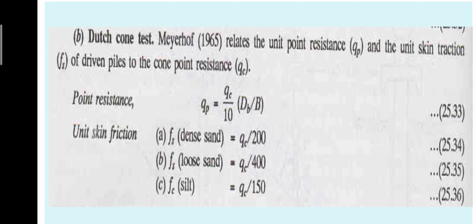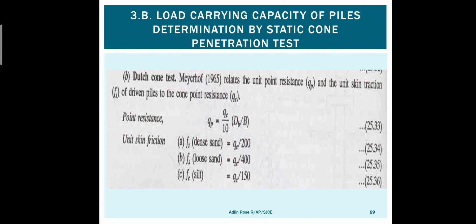Skin friction varies based on the type of soil. If it is dense sand, then the skin friction is given by qc by 200. If it is loose sand, skin friction is equal to qc by 400. If it is silt, then it is going to be qc by 150. So there are 3 formulas for skin friction or frictional resistance.